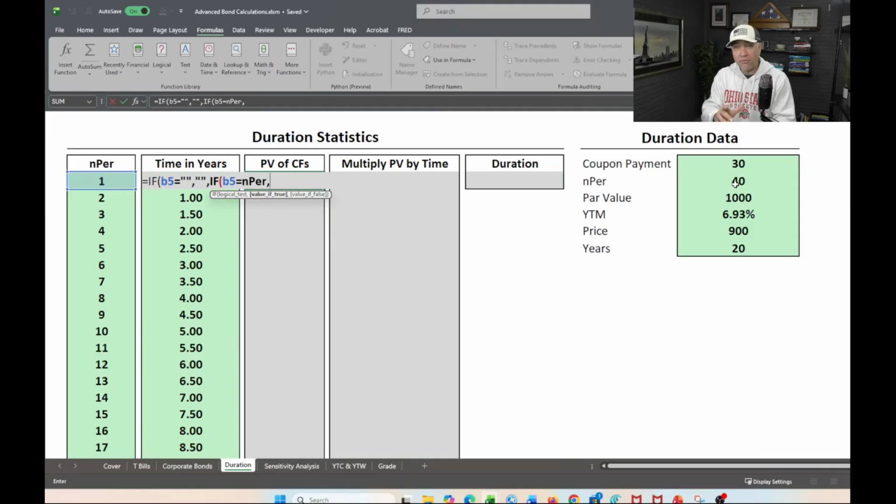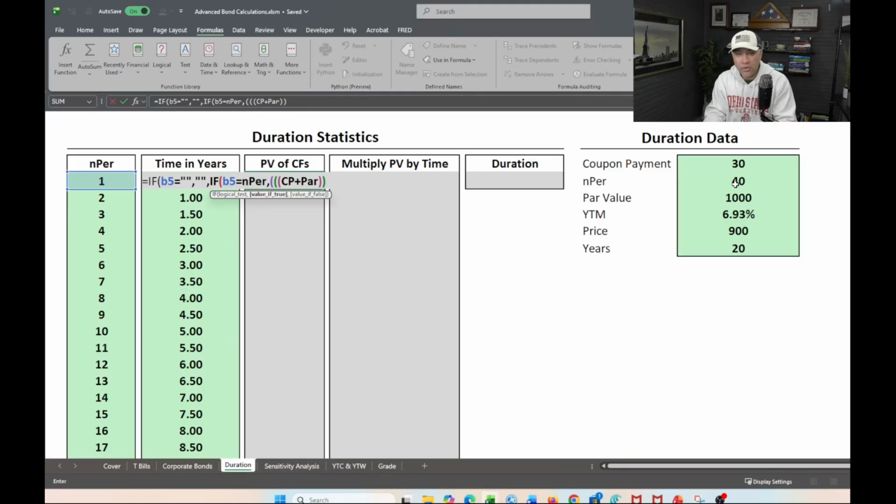But I'm following off what I've done, so don't think that you have to really memorize it. But if you understand the logic, it becomes powerful. So I'm going to do a bunch of brackets here. I'm going to go 1, 2, 3. You'll see how the brackets work: if you don't do it now, you do it as you go and you have to go back and close them up, and you'll see why. So I'm saying if we're in that last year, that's all it means. I want the coupon payment plus the par value, right? Totally makes sense. And then I'm going to close it up. I'm going to close it up again.